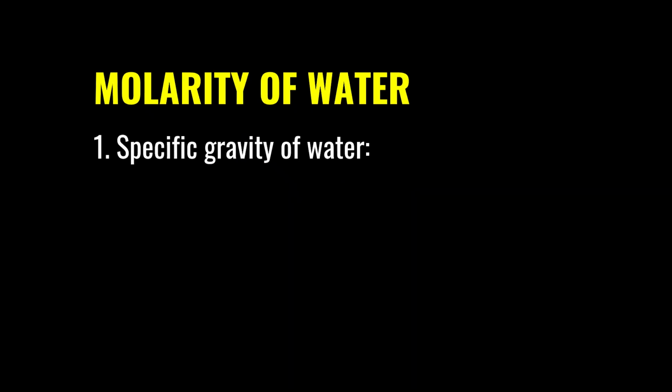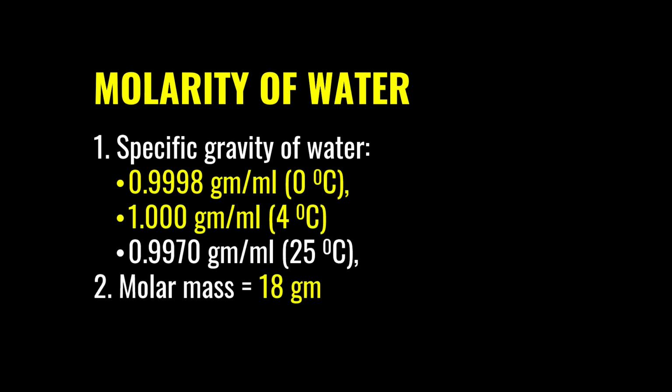So, molarity of water. When it comes to molarity, we often consider that it has to do something with the solute only, not with the water. But you will know that water has molarity, and it is indeed very high. So you have to have two pieces of information to calculate molarity of water. First one is specific gravity of water, meaning the weight in gram per ml.